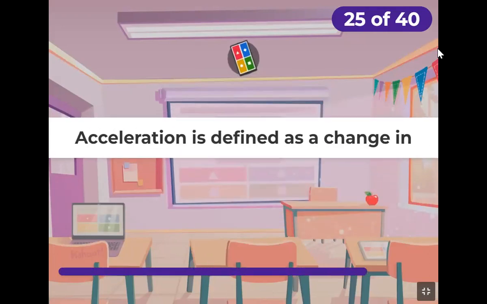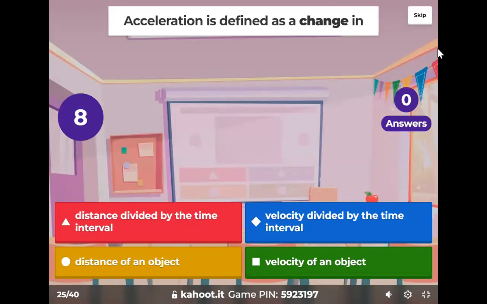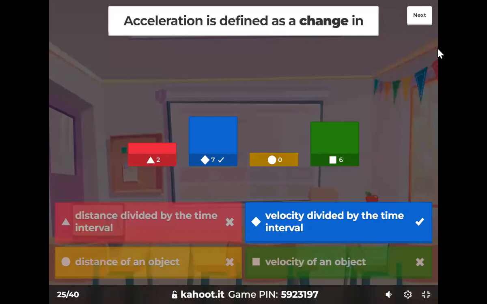Acceleration is a change in velocity per change in unit time, right? I'm gonna bring another Paul Hewitt example for this one. If you pick the green one, some of you guys did.